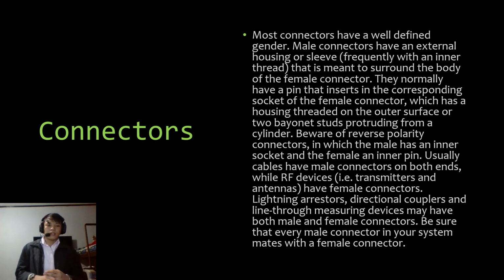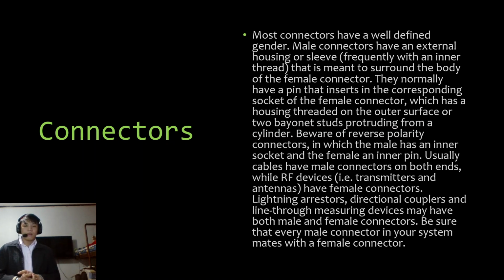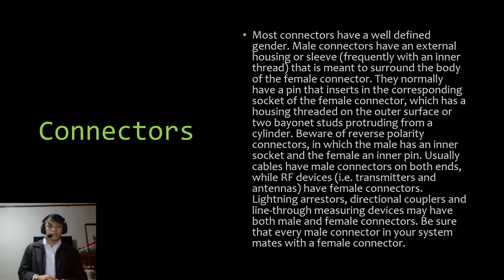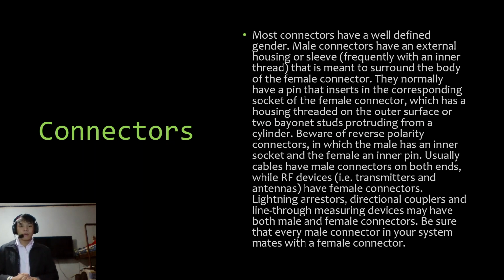Lightning arrestors, directional couplers, and line through measuring devices may have both male and female connectors. So be sure that every male connector in your system mates with a female connector.